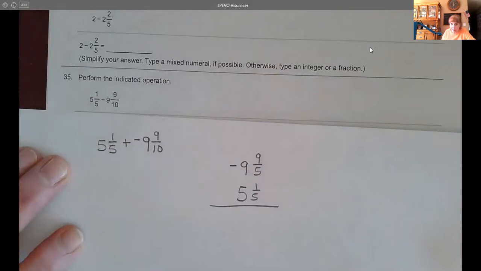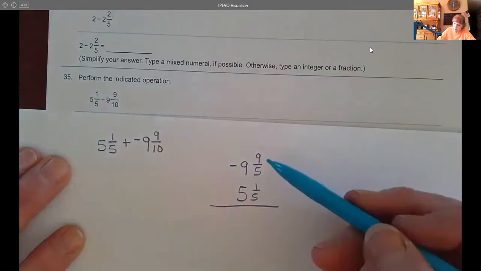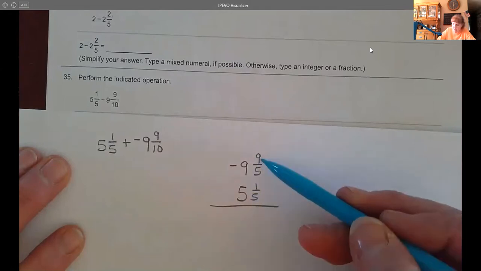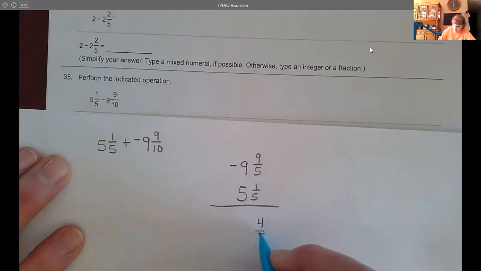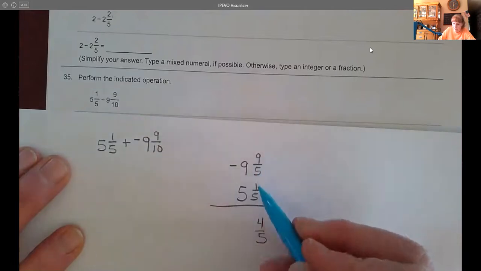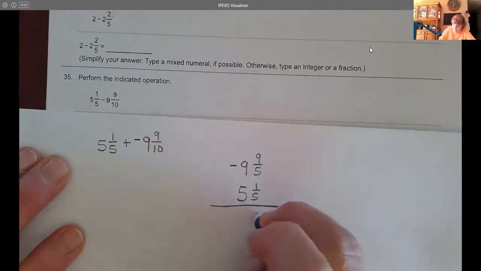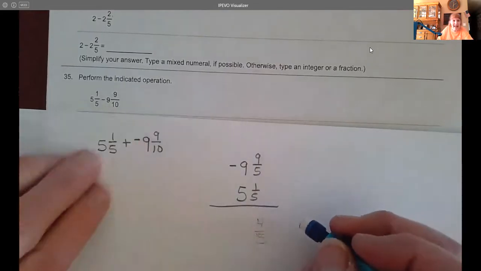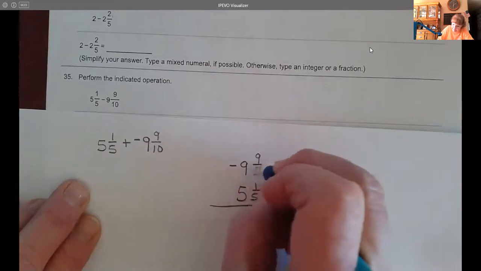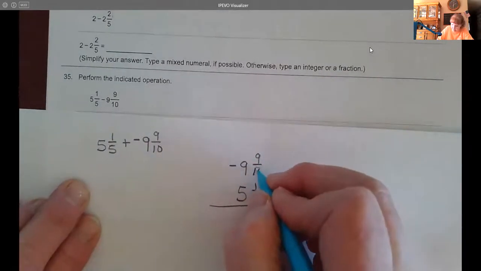How many more negatives do I have? Well, the fraction part... where did I get 9/5? Oh, okay. It's 9/10. Why I got the fifths, I don't know. I'm like, oh my goodness, that does not work out.